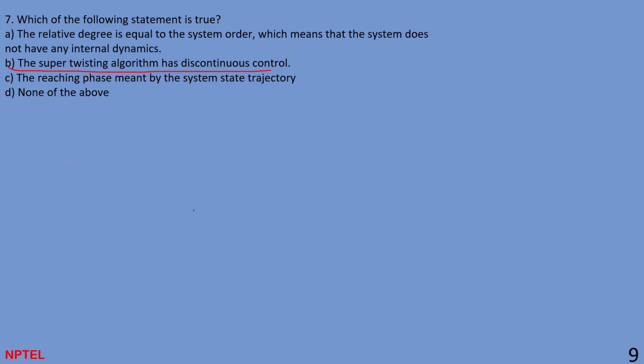Super twisting algorithm means, let's say you wanted to go something like this, and if the trajectory is super twisting, there is a twist and turn at every end, right? They are saying that they are very discontinuous.